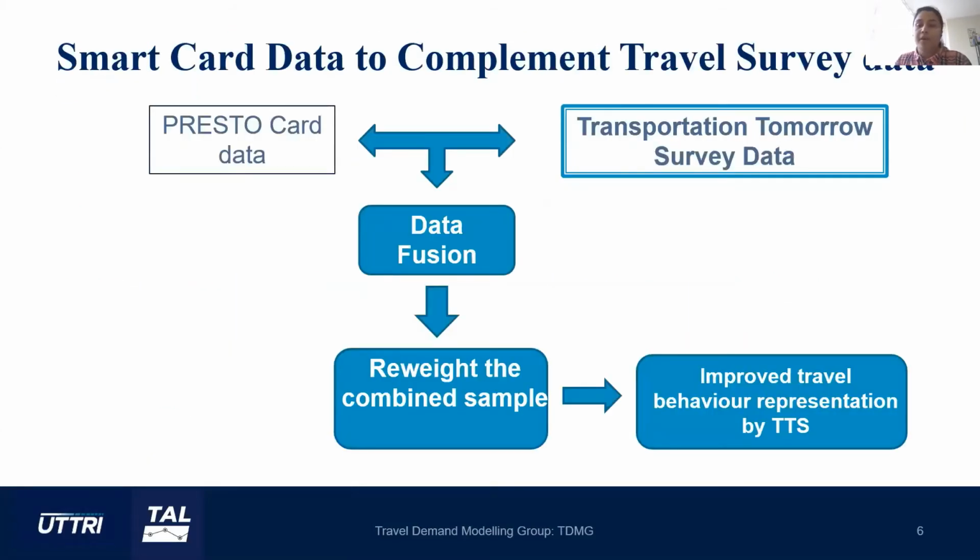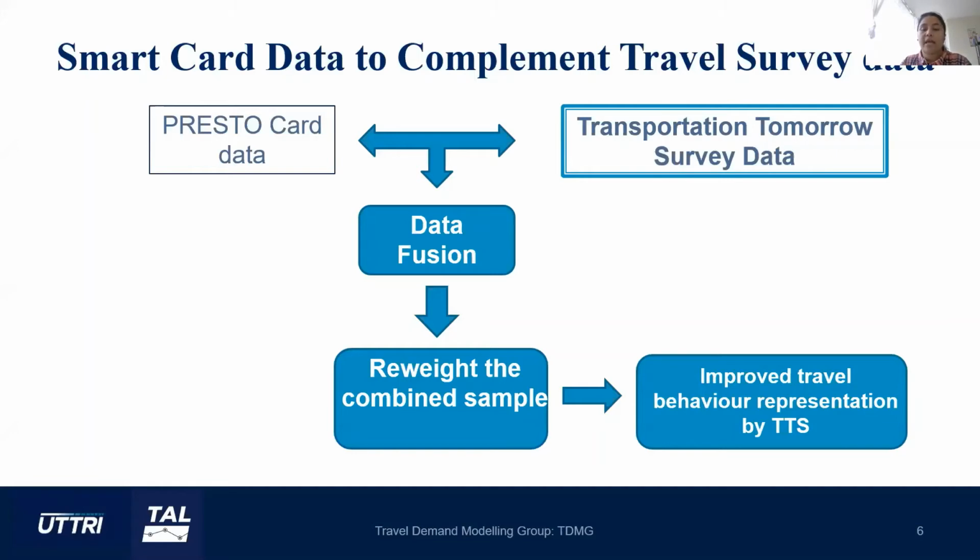One potential application of this method can be using our Presto card data to complement the Transportation Tomorrow Survey data. In the TTS data, we have all the details of the transit trips of a subset of the population. Whereas in the Presto data, we have the tap on locations, and say for GO Transit transactions, we also have the tap off locations of all transit trips, or almost all transit trips, given 100% rollout and adoption of the card.